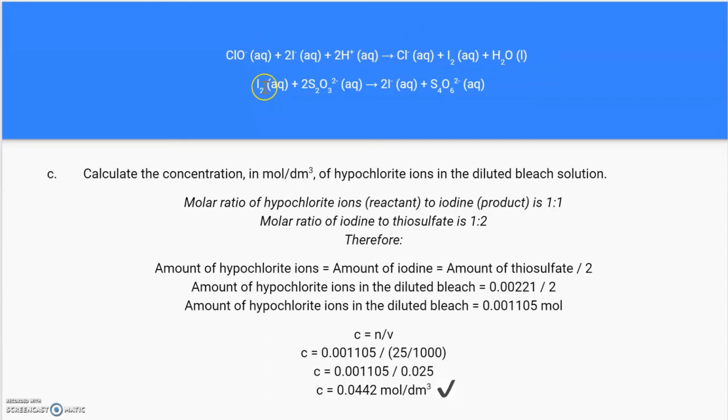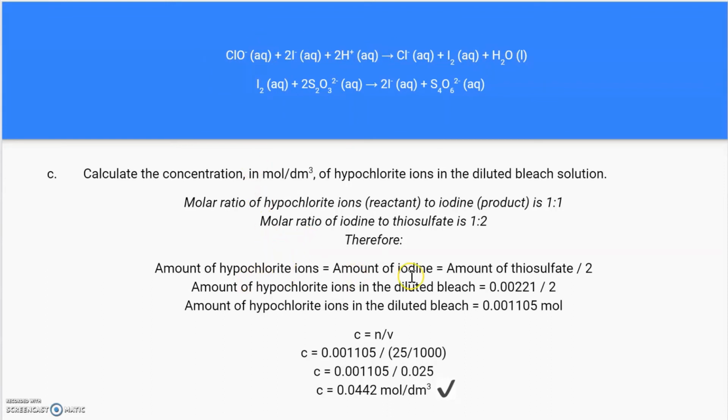And since there's no coefficient change, and the relationship between iodine as a product and hypochlorite ions as reactants is a 1-to-1, the amount of iodine as a reactant in the titration reaction will be the same as the amount of the hypochlorite ions in the volumetric analysis reaction.